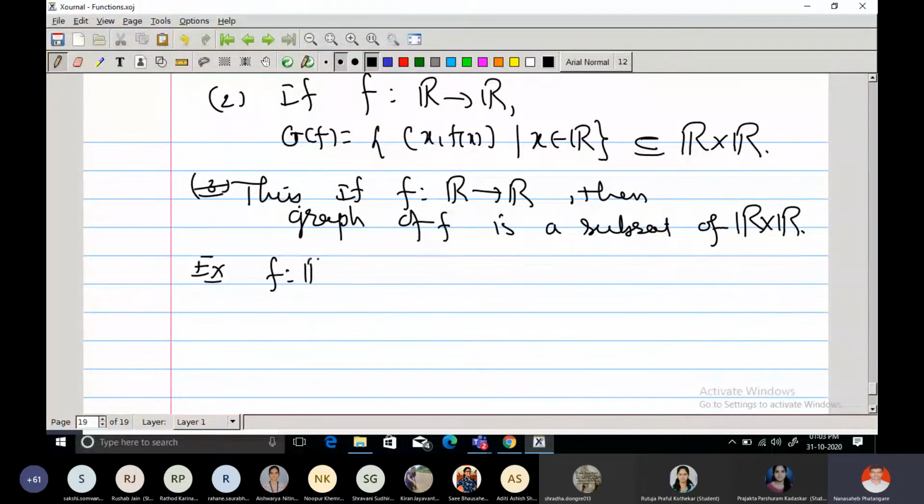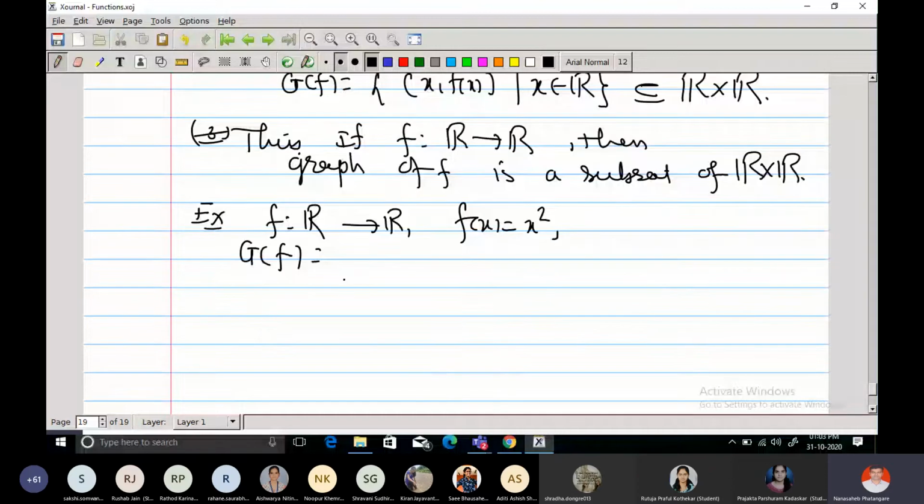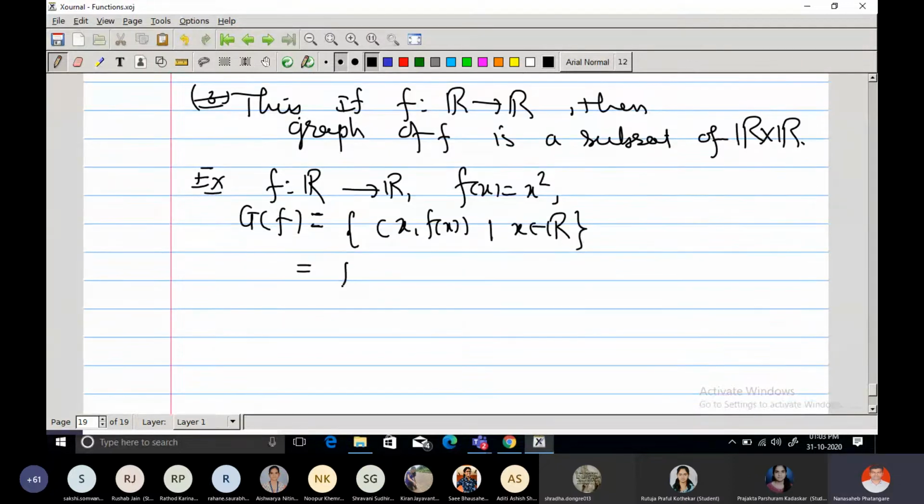So for example, if I define a function from R to R, f(x) is equal to x square, then what is the graph of this function? Can you tell me? (x, f(x)), x in R. But what is f(x)? x square.